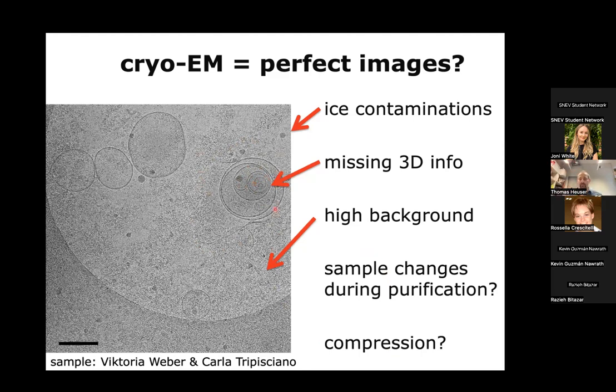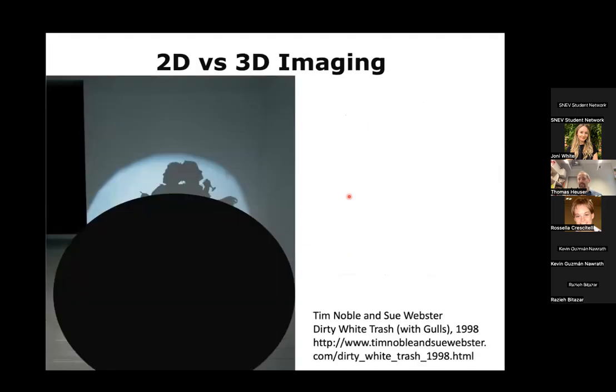Or did it look like this right from the start in our starting material? Is that how it was originally produced? These are still open questions or things we need to keep in mind, where cryo-EM images are just limited.